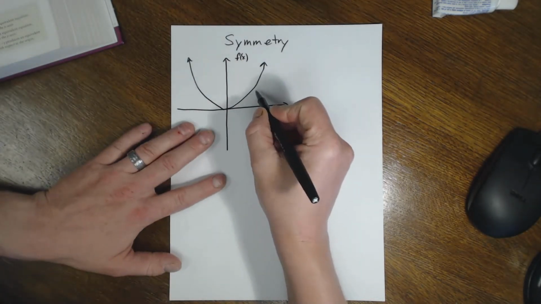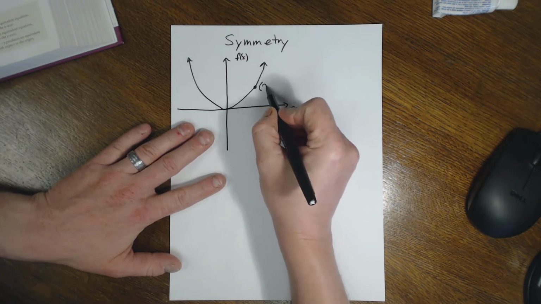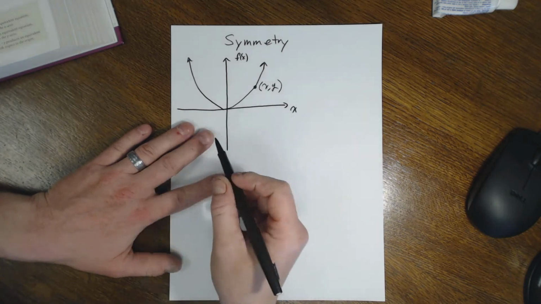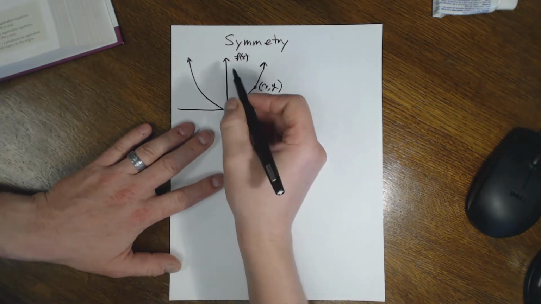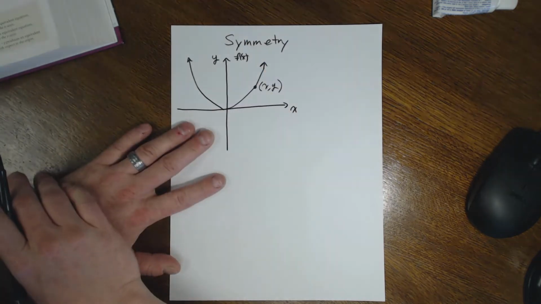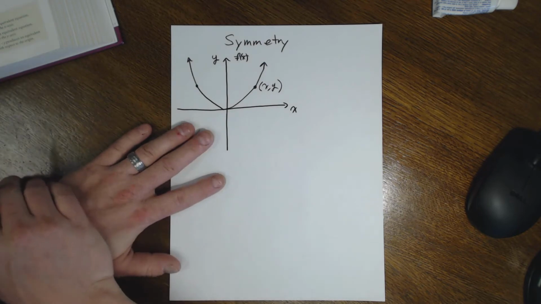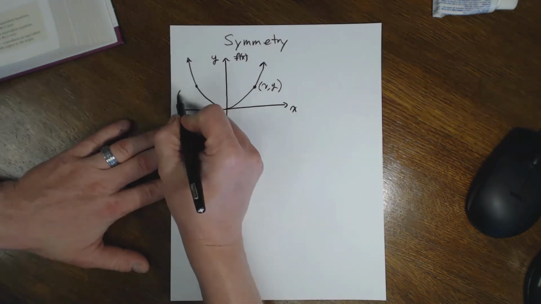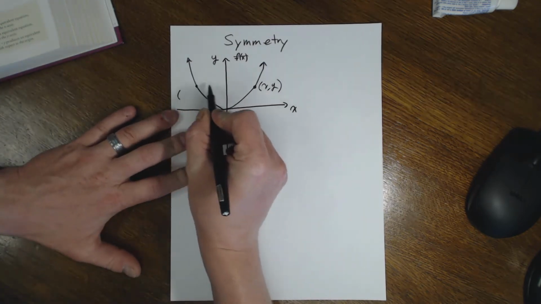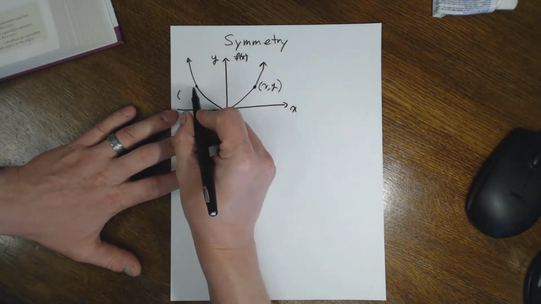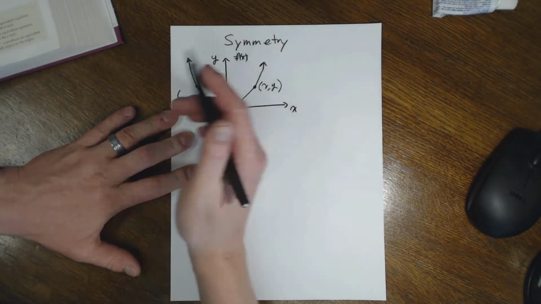If we took a coordinate point here, and let's call it x, y, and in fact, let's get rid of this f of x part and just look at it as a y coordinate. If we look at a similar point over here, it would be the same horizontal value, but a different vertical value.